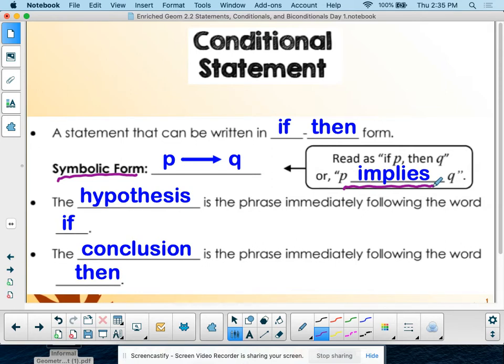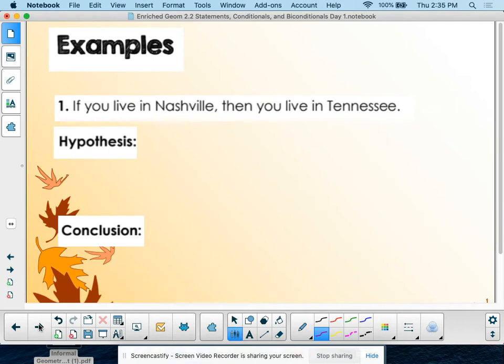And I think you guys have worked with hypothesis and conclusion in your science classes before, I would imagine. So let's identify some examples in these conditional statements. Okay, so it says, identify the hypothesis and conclusion. Here is our statement. If you live in Nashville, then you live in Tennessee. Our hypothesis, remember, follows the word if.